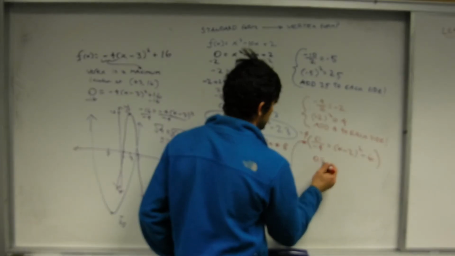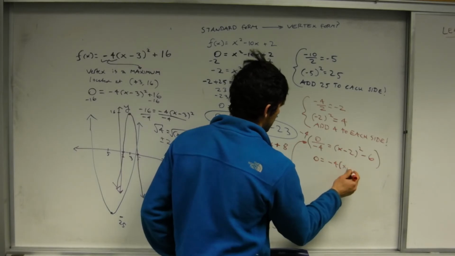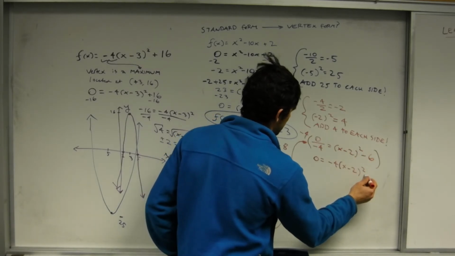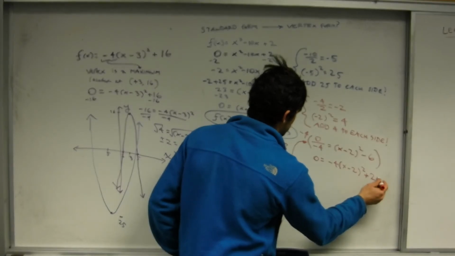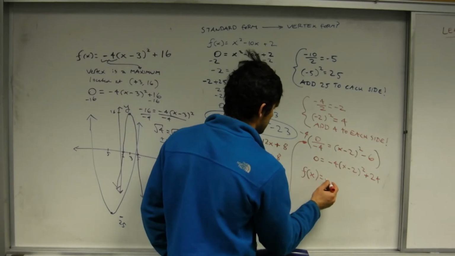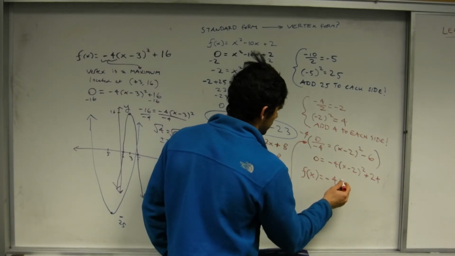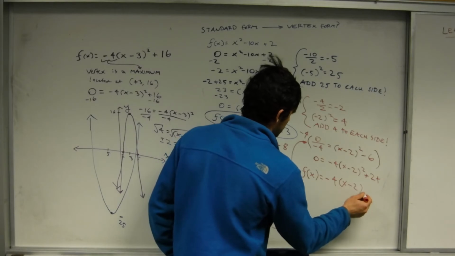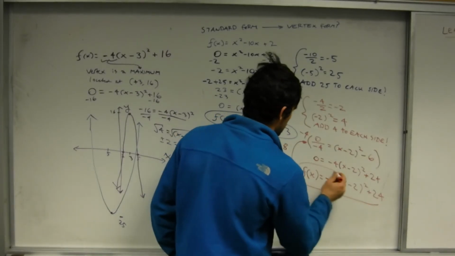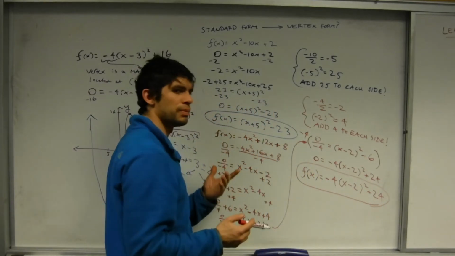We'll get 0 is equal to negative 4 times x minus 2 squared, and negative 4 times negative 6 is plus 24. Then I'd replace this with f of x. So f of x is equal to negative 4 times x minus 2 squared plus 24. And that is in vertex form.